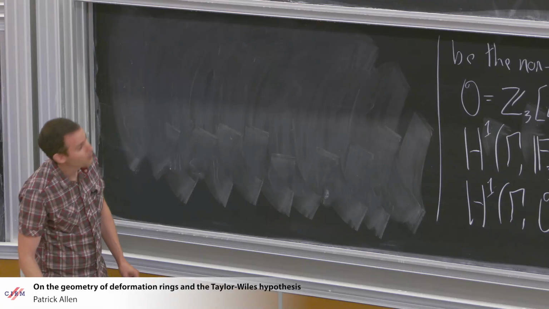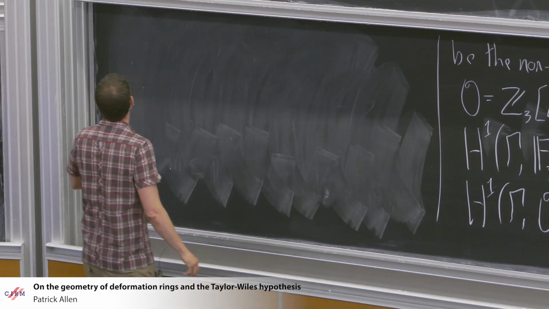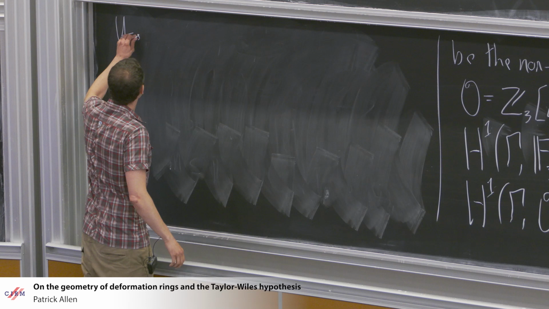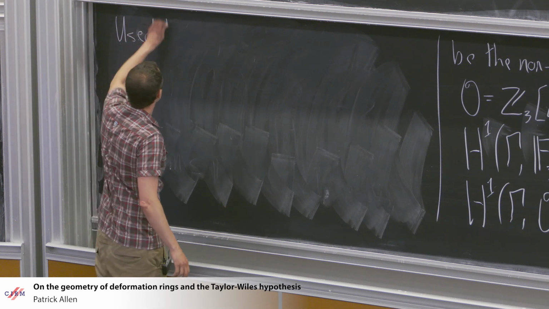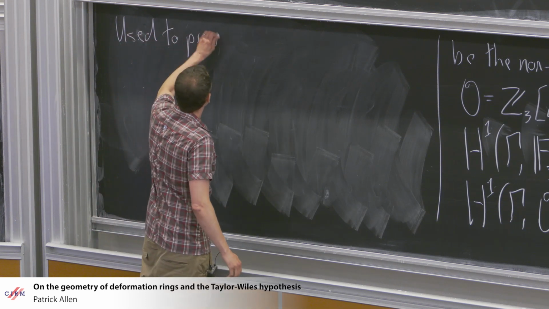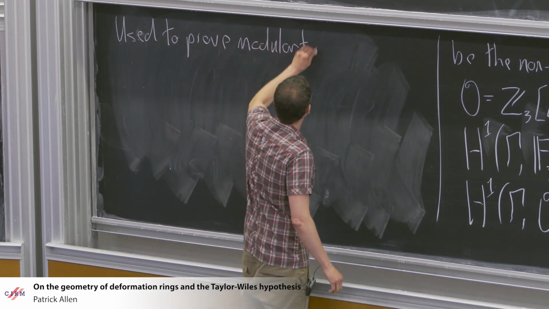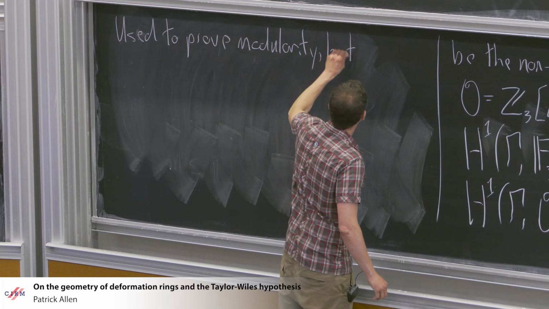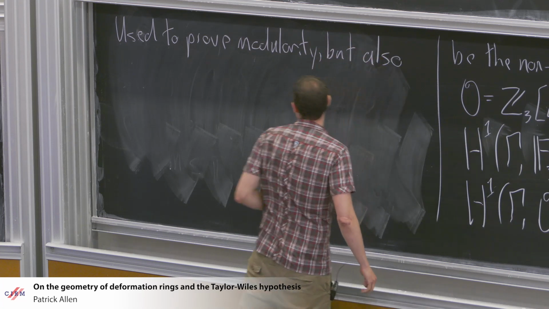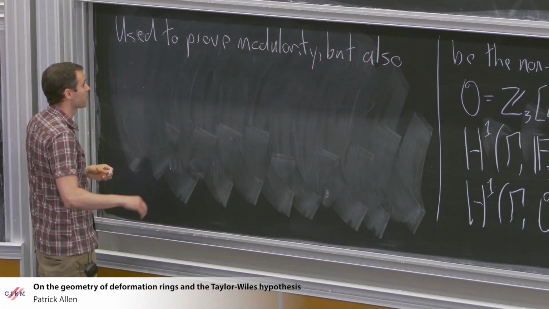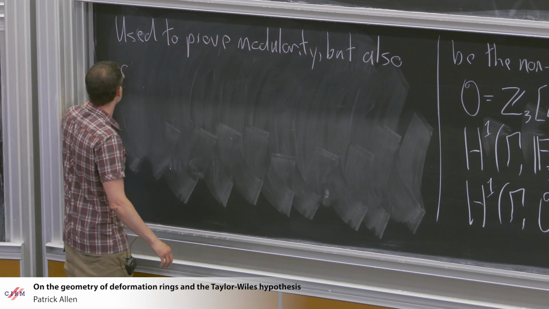So what is the Taylor-Wiles hypothesis used for? The main thing is that it's used to prove modularity. But another thing I'm interested in is geometric or commutative algebra properties of Galois deformation rings.